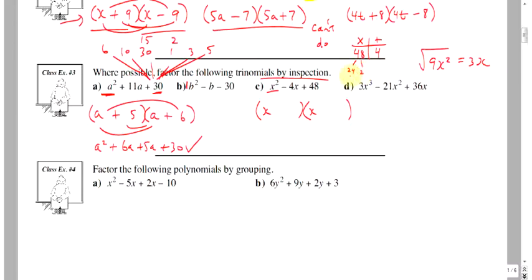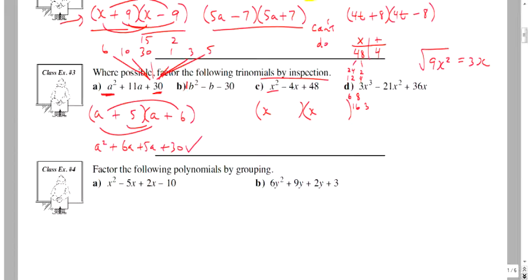No. What's next? 12 times 4? No. What's next? What's half of 12? 6. So twice what 4 is 8. 6 times 8? No. What's my other options? 16 times 3. Do we see any combination that adds to 4?